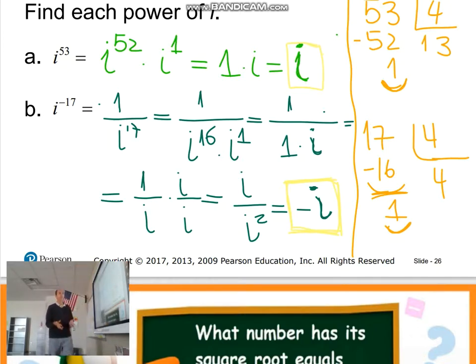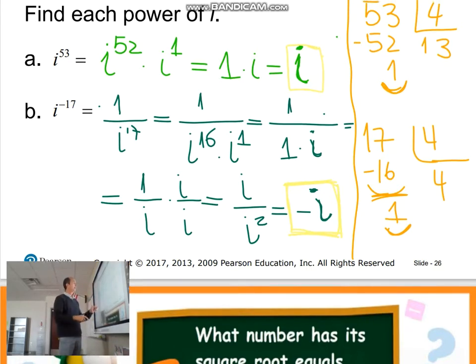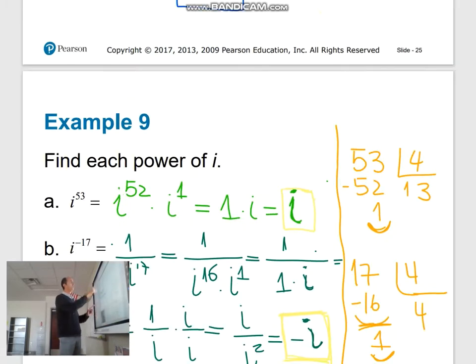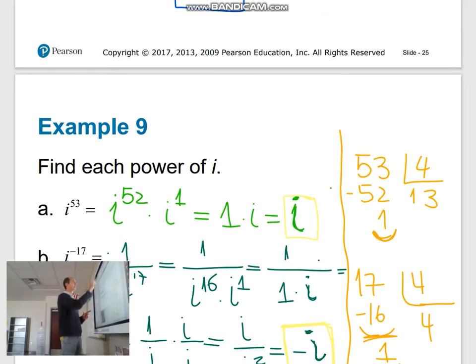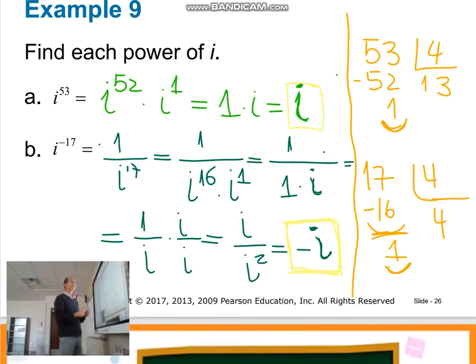The imaginary unit is equal to the square root of negative 1, and we can find a pattern. We can find answers if you have exponents, as long as you identify the pattern and do this process to calculate the answer. Okay, this is the end of section 7.7.